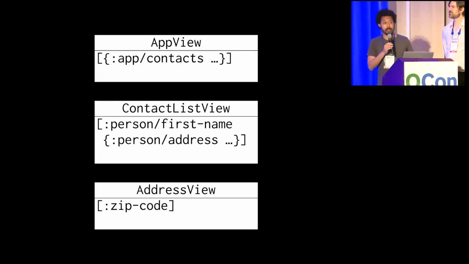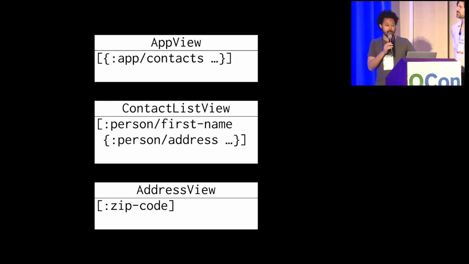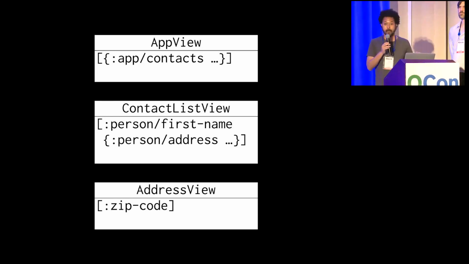So how would we do this? Again, it's actually quite simple. I can imagine a contacts app in which I have a root view at the root. It's an app view, and it has this query fragment. It has a blank spot where it says, my child component will supply this. We move down to the contact list view. It has the query fragment that describes all the fields that it needs.